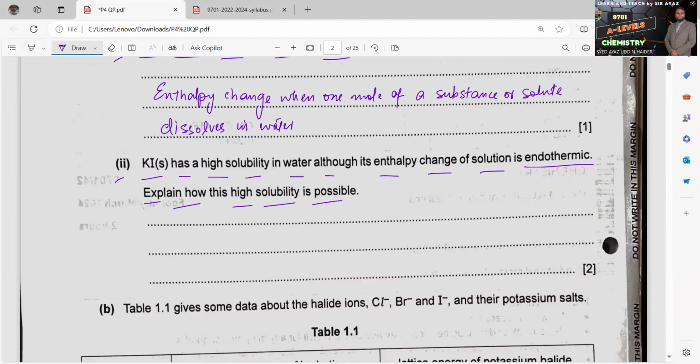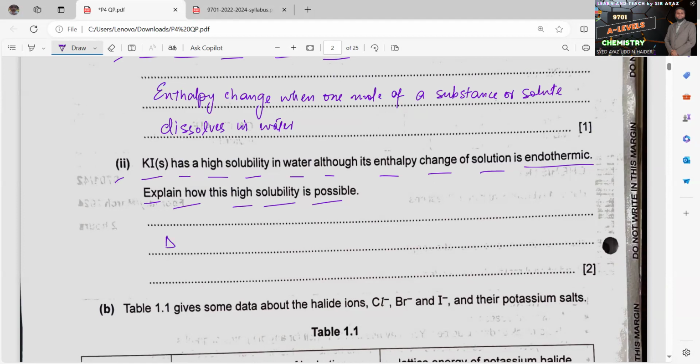When delta G is negative, it means the feasibility is high for the KI to dissolve, even though it is an endothermic process.